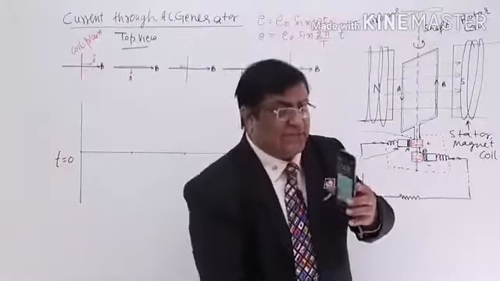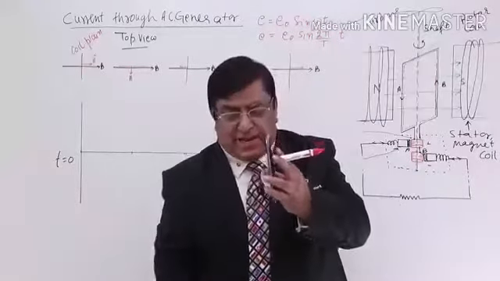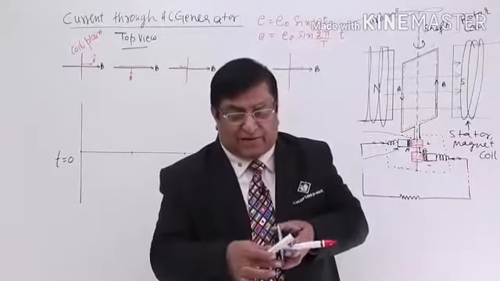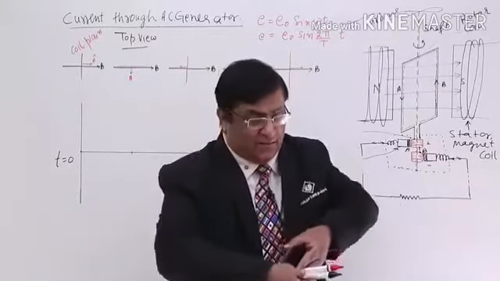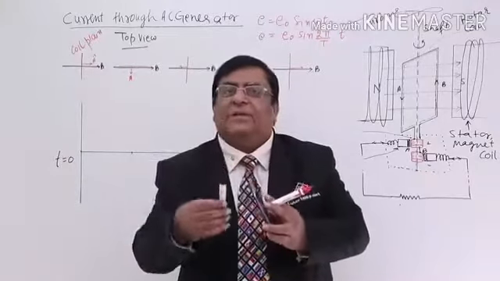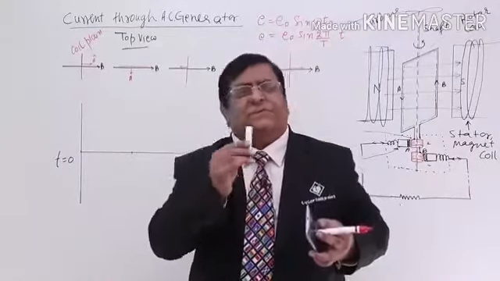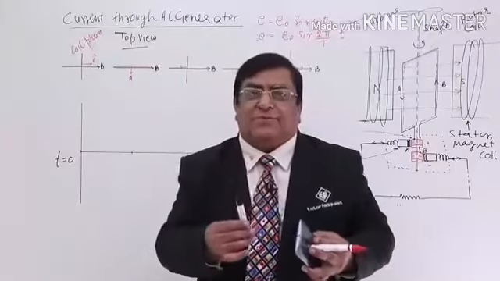This is the area vector of the coil. And if the coil is placed at right angle, what is the angle between the magnetic field and the area vector? 0. This is our starting condition for the purpose of study. Otherwise it is rotating continuously, but we have to start from one point.